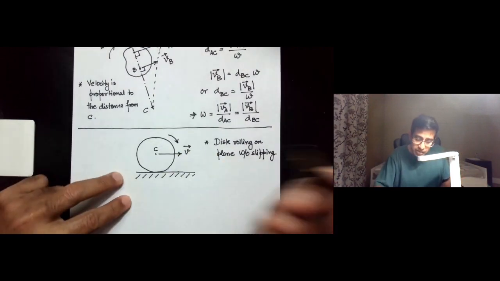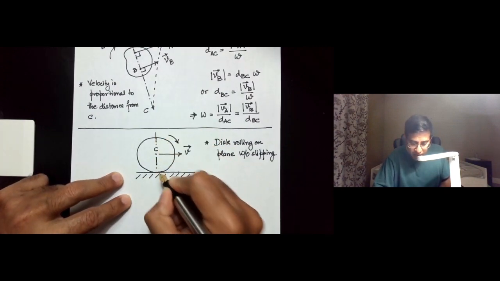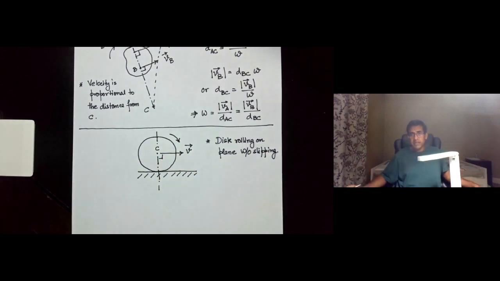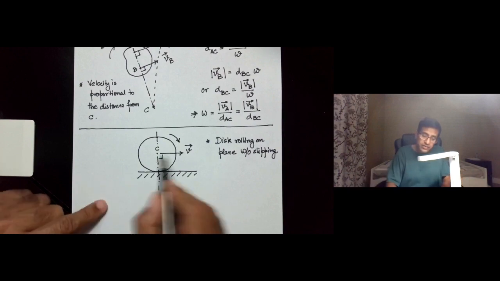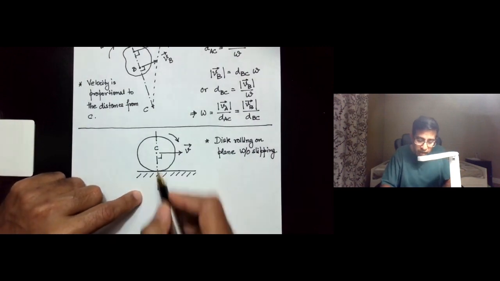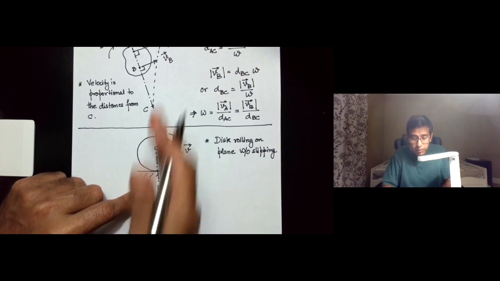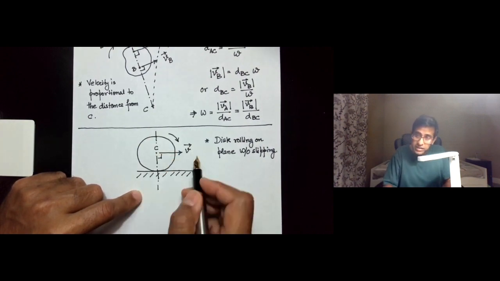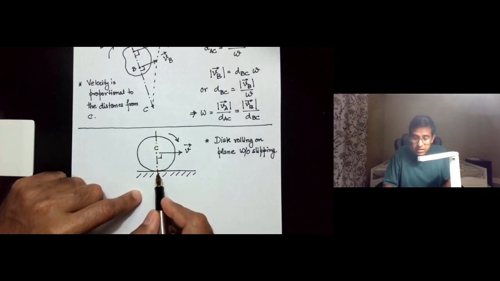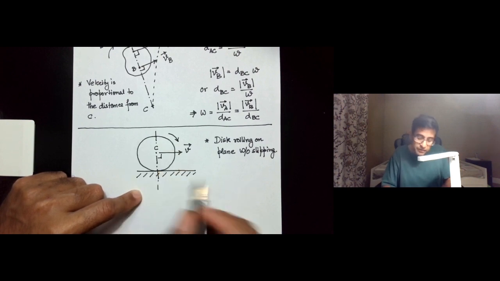So if we are interested to find the instantaneous center, what we do is, first things first, we draw a line that is perpendicular to the velocity of the point C, because we know the direction of this vector, so we can draw a line perpendicular to it, and that line will be vertical in this case, or perpendicular to the plane, because the velocity is parallel to the plane, and so this line is going to intersect the plane at the point where the disk is also in contact with the ground.